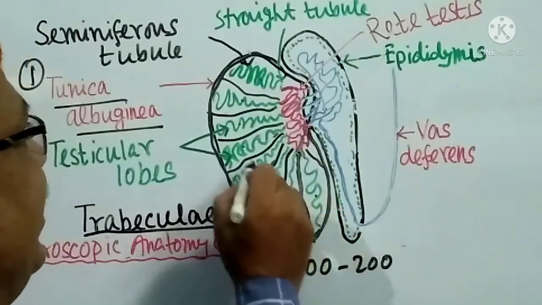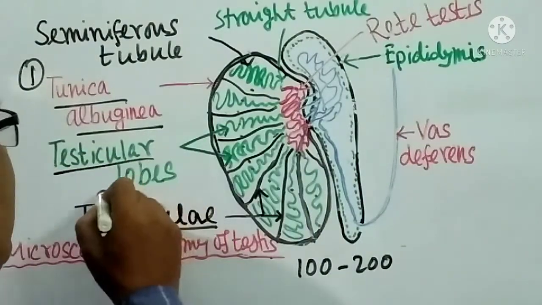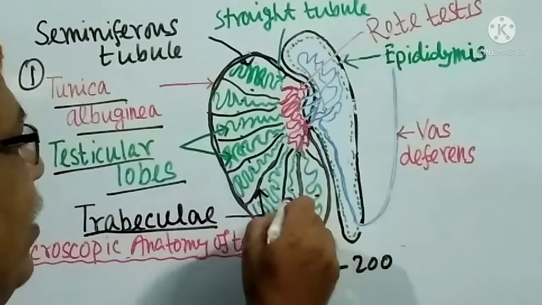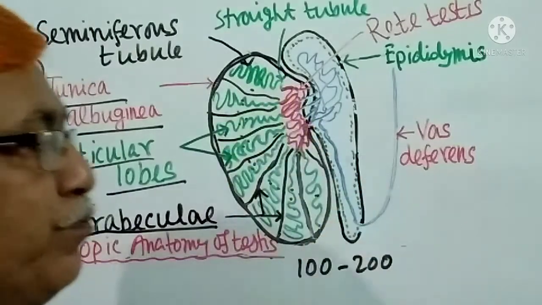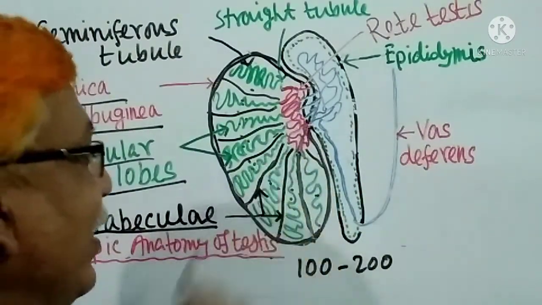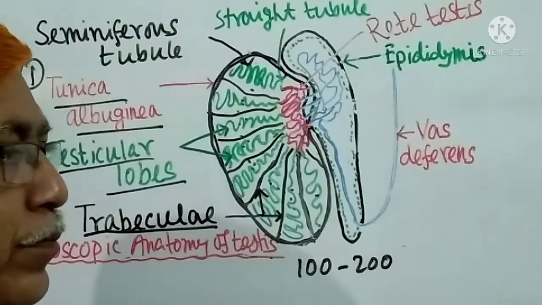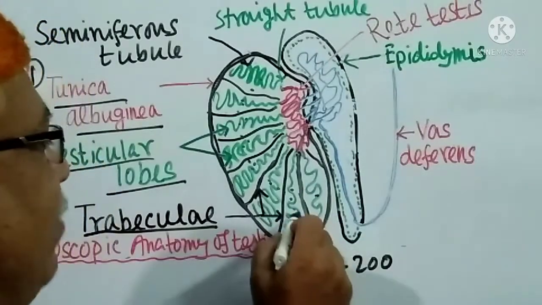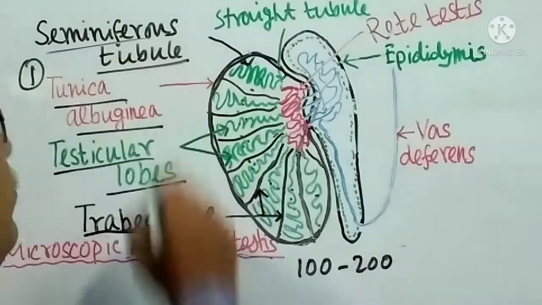Each compartment is called a testicular lobe. This is one testicular lobe. These are the testicular lobes. Within each testicular lobe, you will find convoluted tubules, 2 to 4 in number, and they are called seminiferous tubules.